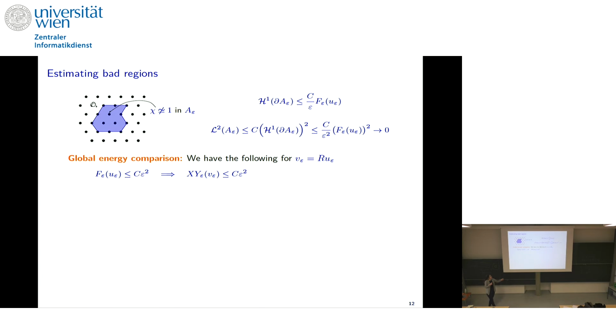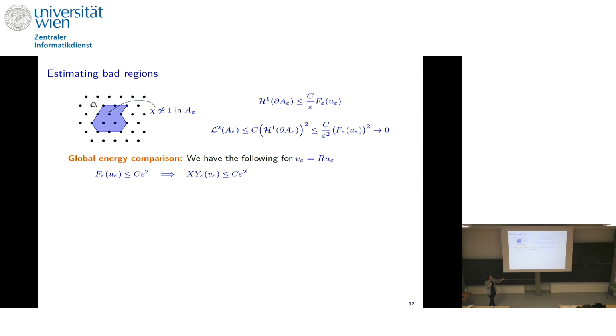But if now I do a global energy comparison, if I would assume that the amount that I can deviate from my ground state is epsilon squared, so I'm allowed to deviate from my ground state even less, then everything is fine.